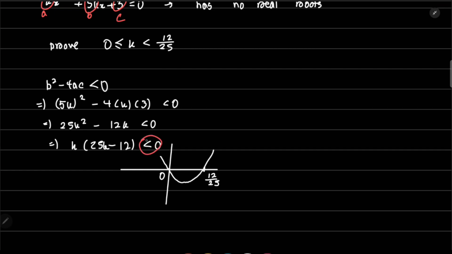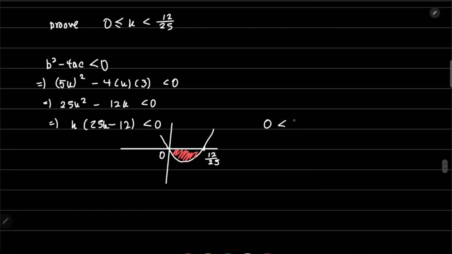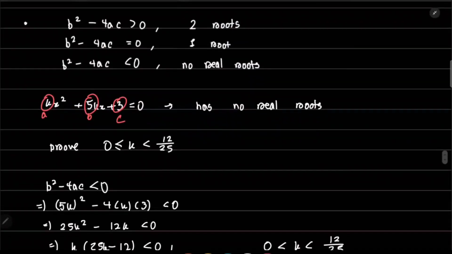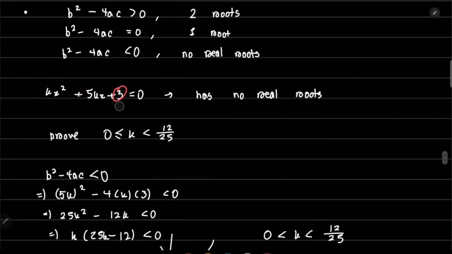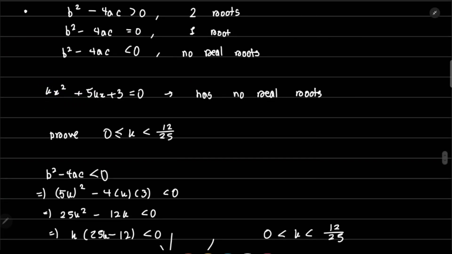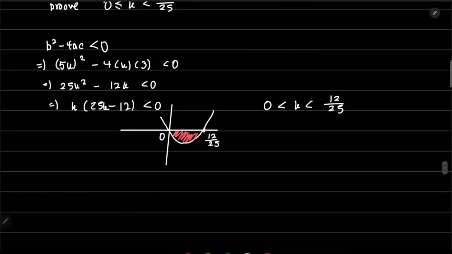I want the area less than 0, so below the x-axis. So I want this area over here. This lies between 0 and 12 by 25. Now in cases where the value in front of x squared is a variable, I'll also have to consider when k is equal to 0 separately.